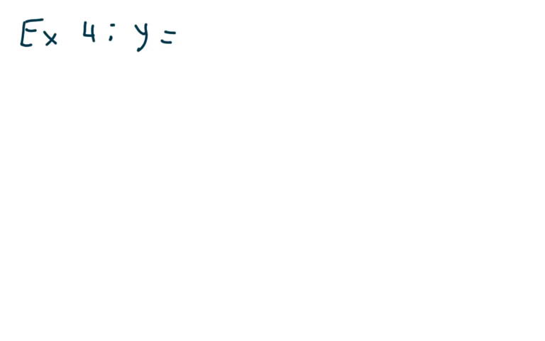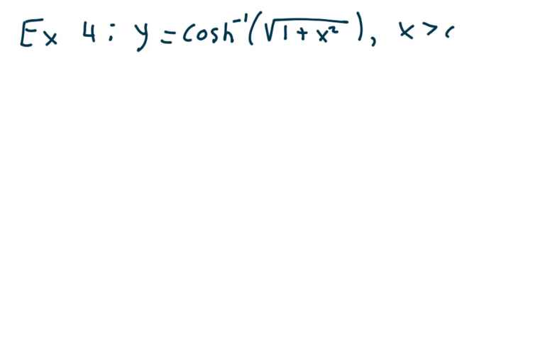We can do inverse hyperbolic cosine of the square root of 1 plus x squared. And this is where x is positive. So the question is, what do we do with that?